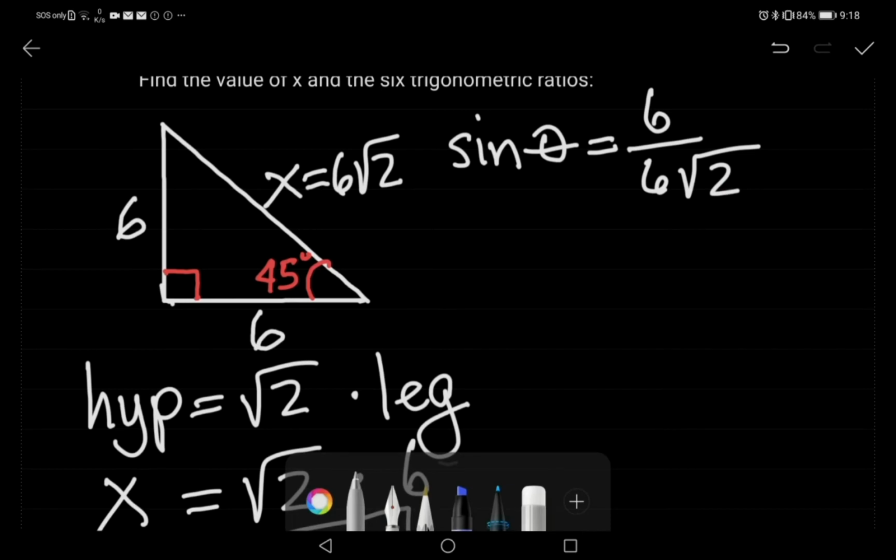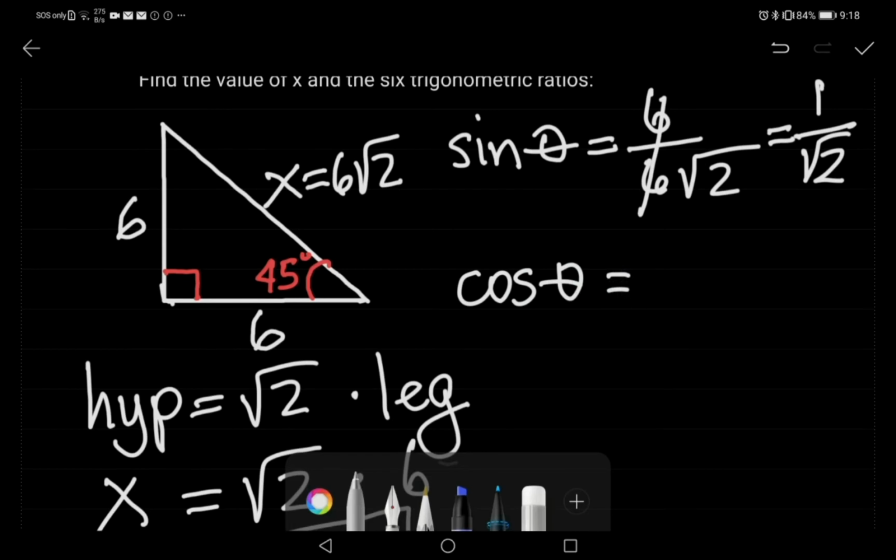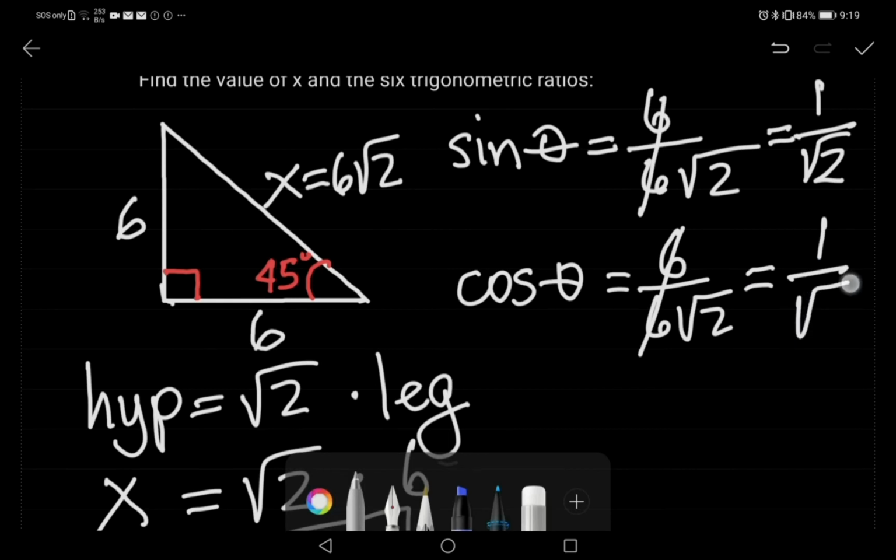So we can cancel out 6. So this is 1 over square root of 2. Next is cosine theta. Cosine theta is adjacent over hypotenuse. So they are just the same, 6 over 6 square root of 2. So cancel this out. So what will remain is 1 over square root of 2.